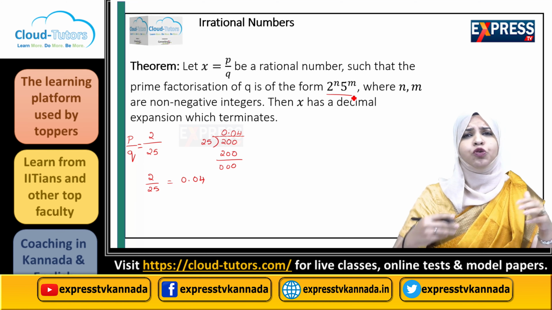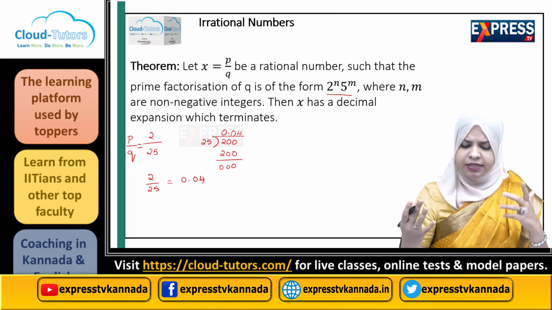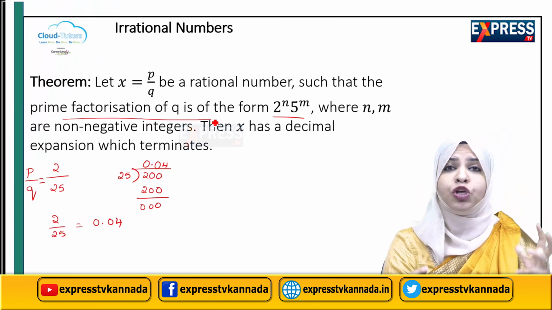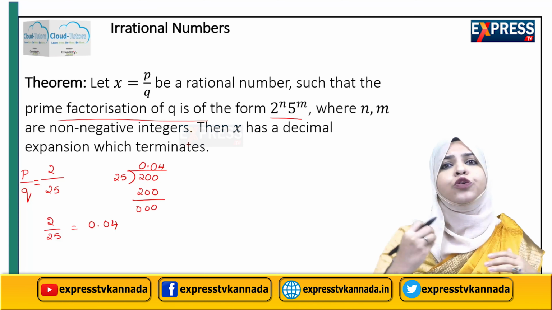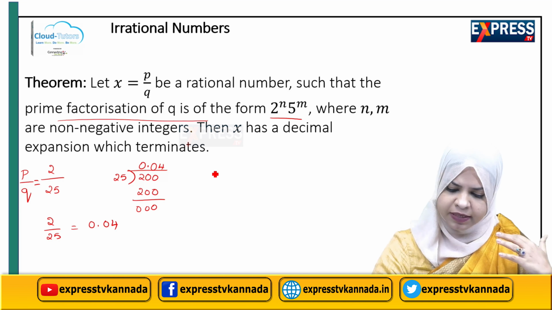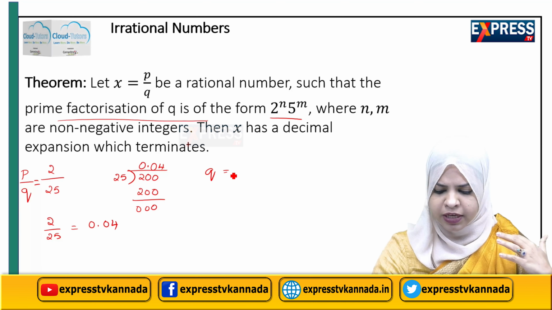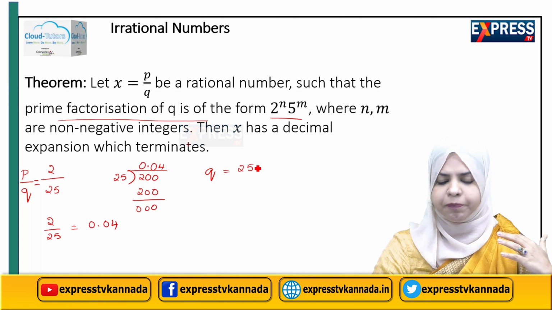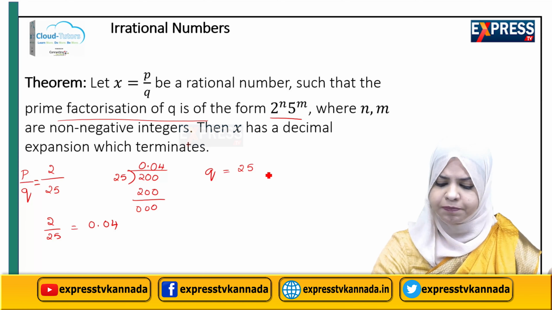Now what do I mean by 2 power n and 5 power m? The prime factorization of q is of the form 2 power n into 5 power m. We will consider only q. Here q is equal to 25. What are the factors of 25?